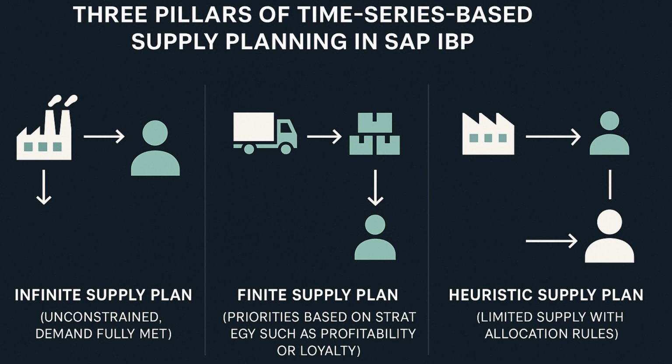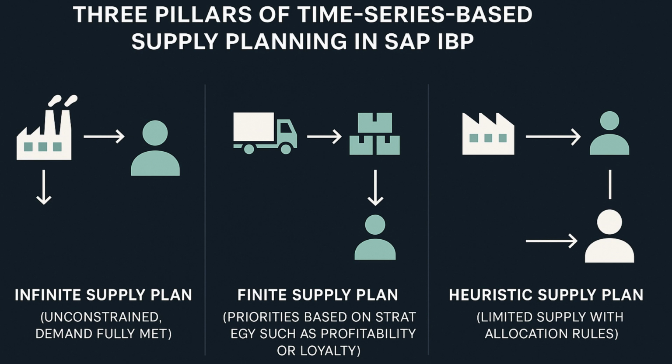In this scenario, even though supplying to customer B brings higher profit, the system prioritizes customer A because the company's strategy values loyalty and long term relationships. These rules, whether based on profitability, customer loyalty, or other strategic factors, are configured in IBP. The system then uses them to make consistent and transparent allocation decisions during supply planning.